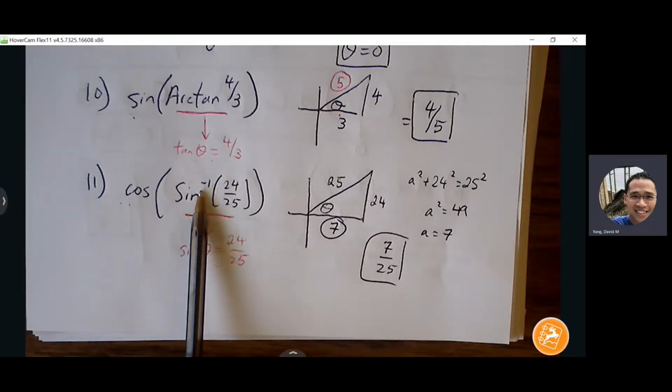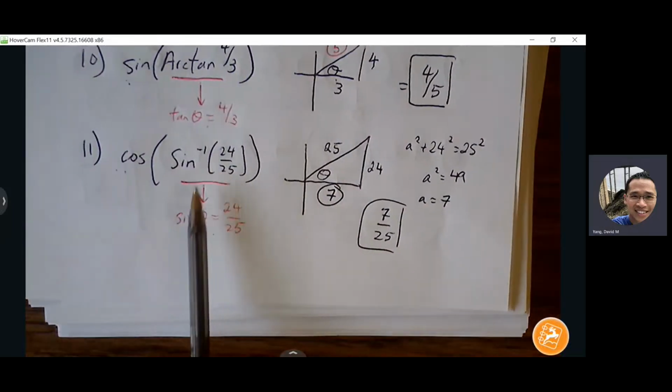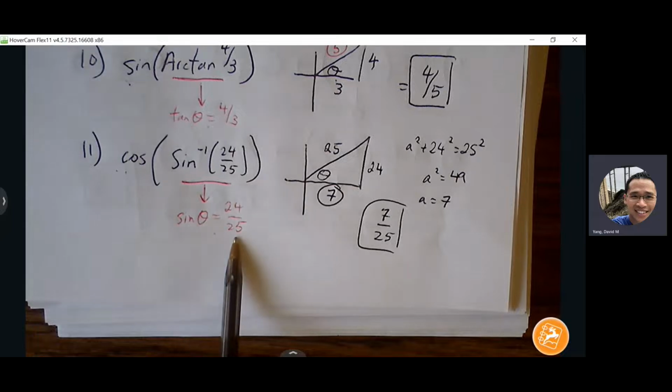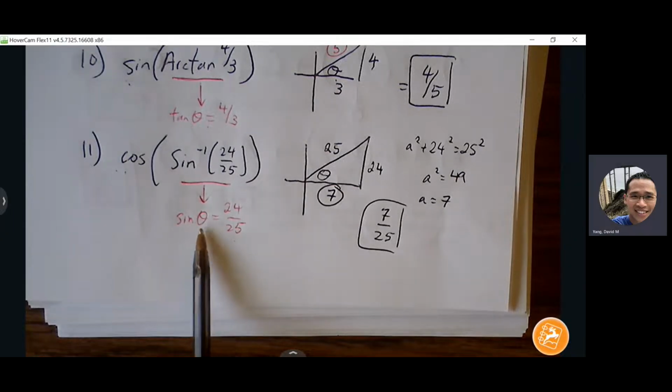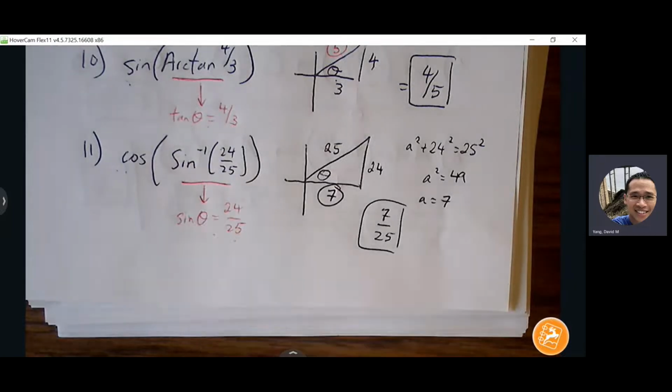This is inverse sine, so that's something else. When you see this inverse notation, this is really saying sine of theta equals 24 over 25, but it's basically getting that theta by itself, so it's doing inverse. So don't think of inverse as reciprocal. It's something different. It's just representing something where theta is by itself instead of the ratio.